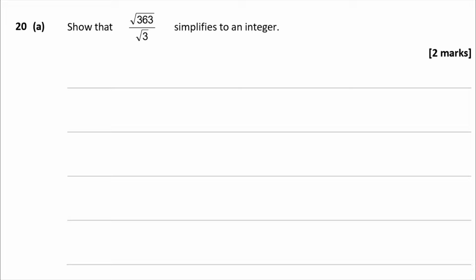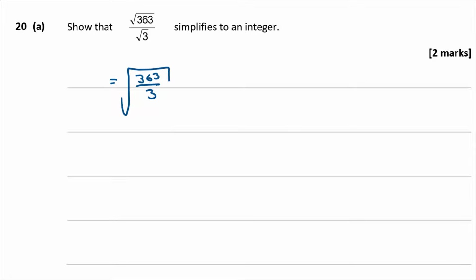Question 20, part A. Show that the root of 363 divided by the root of 3 simplifies to an integer. Okay, well, if I've got a root divided by a root, I can put those under one big root, can't I? I can say that's the same thing as 363 divided by 3, all under that square root.